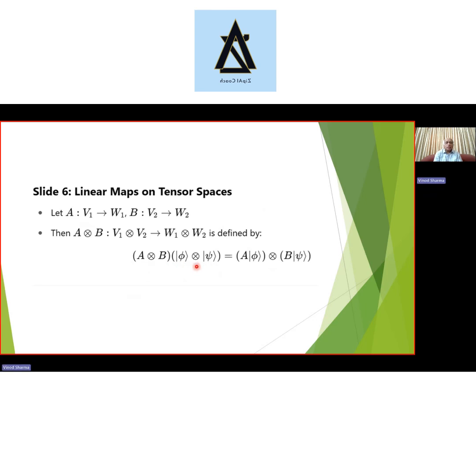Phi is an element of V1, psi is an element of V2. This is an element of this tensor product, and the mapping is given by A works on phi, B works on psi, and you take the tensor product. This takes values in W1, this takes values in W2, therefore this tensor product takes values in this space.